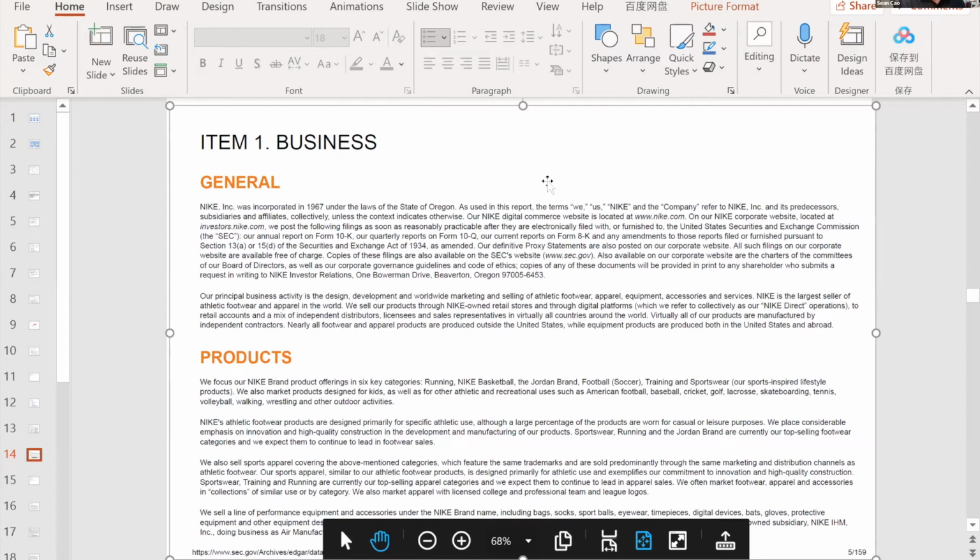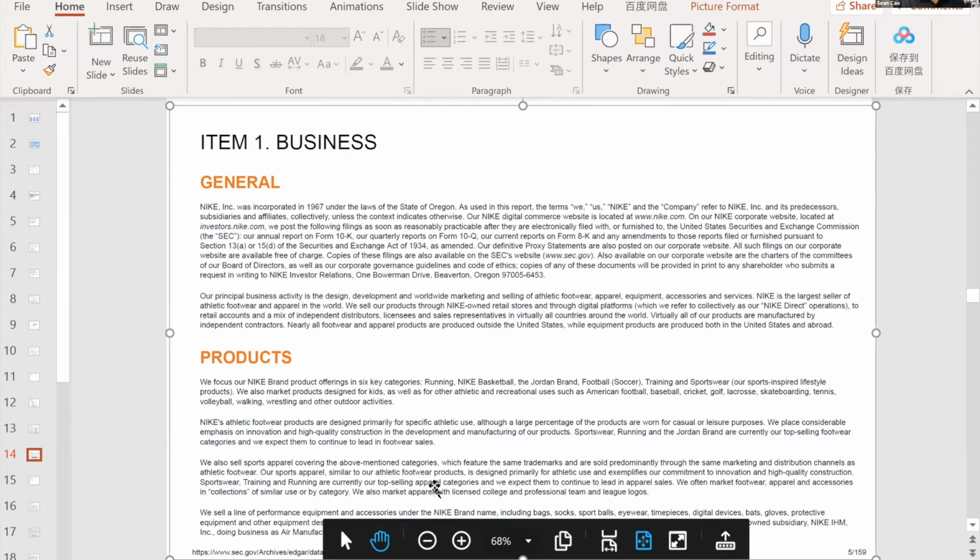This is their product line, and they also target athletes, professional athletes. As you can see above, the mentioned categories, which feature the same trademarks, are sold predominantly through the same marketing distribution channels as athletic footwear, and then they sell shoes as well.